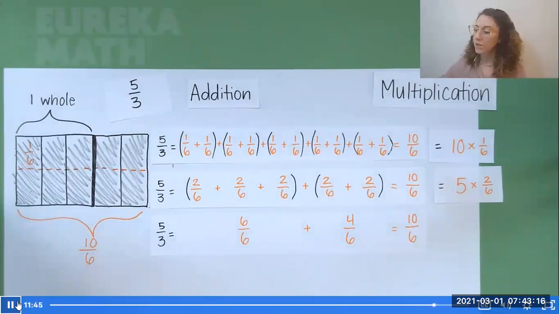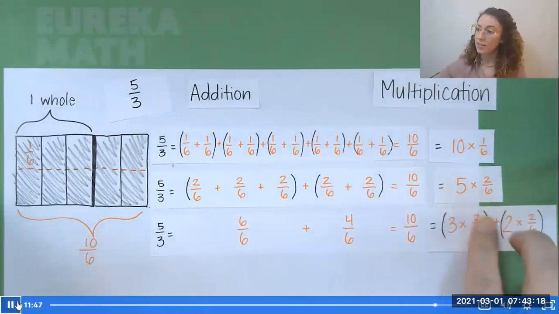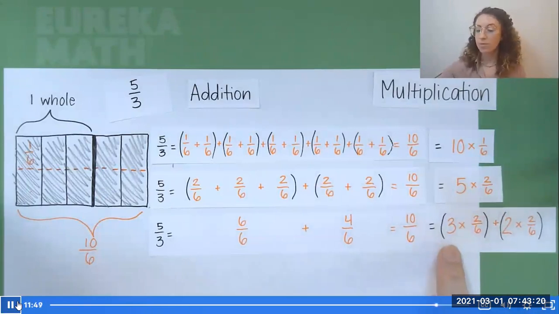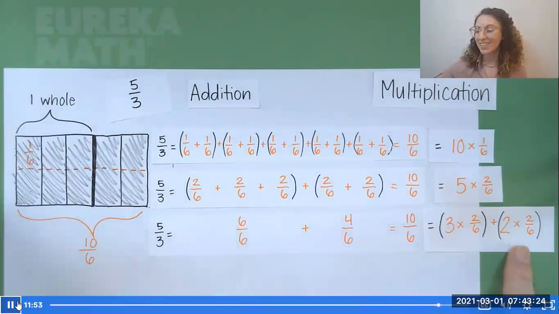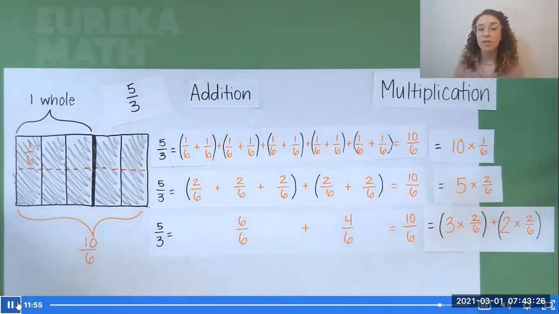We could show 3 times 2/6 to represent the whole, plus 2 times 2/6 more. All of these equations show that 5/3 is equivalent to 10/6.